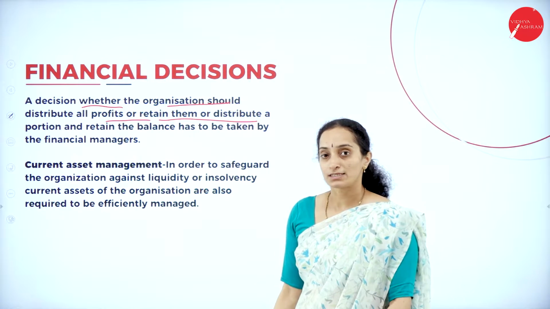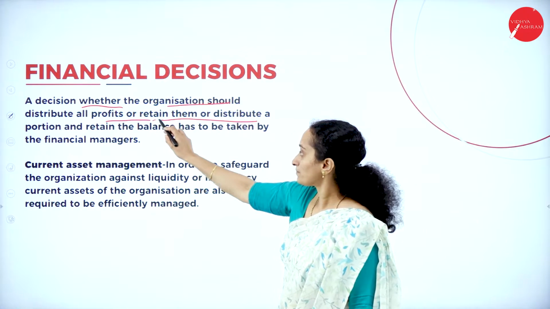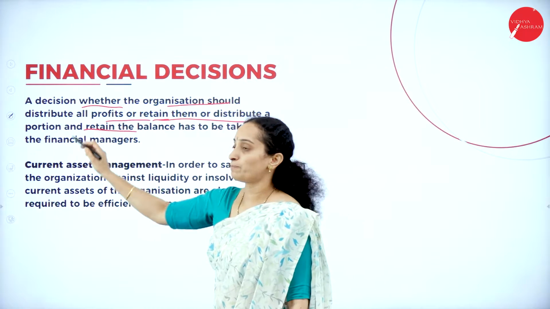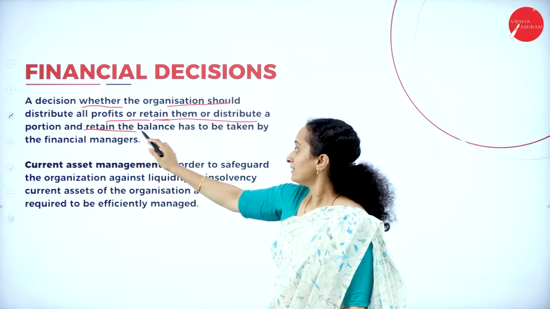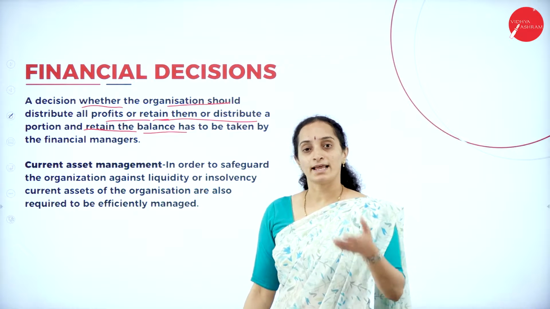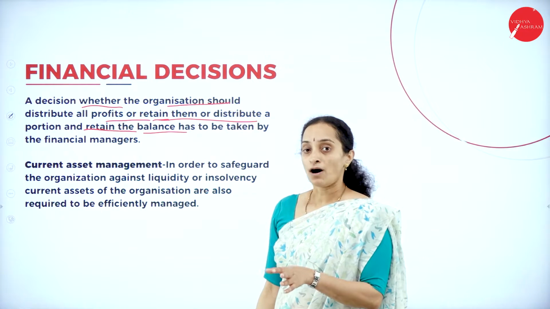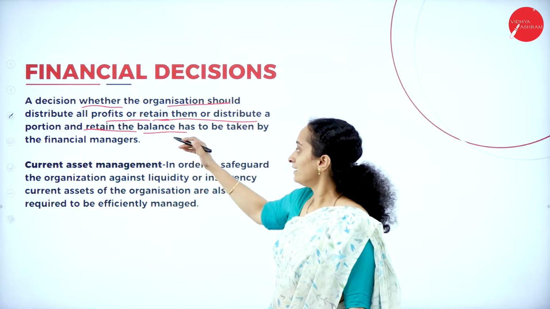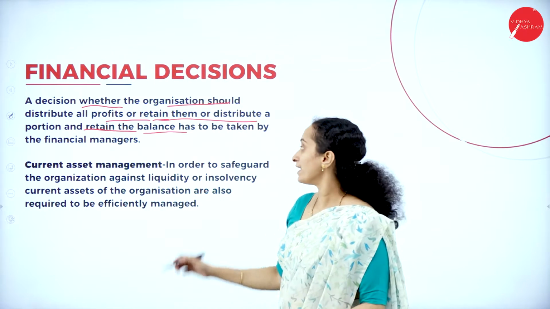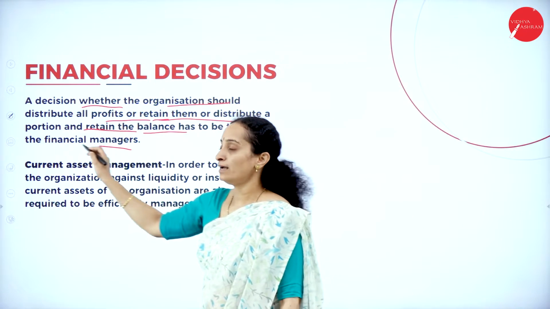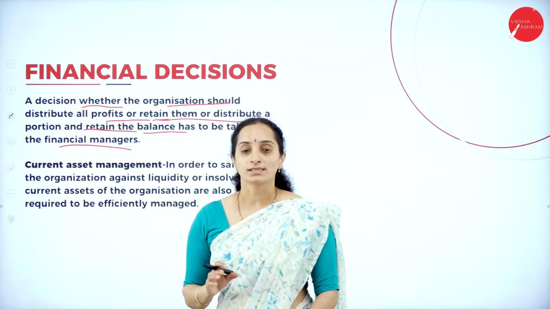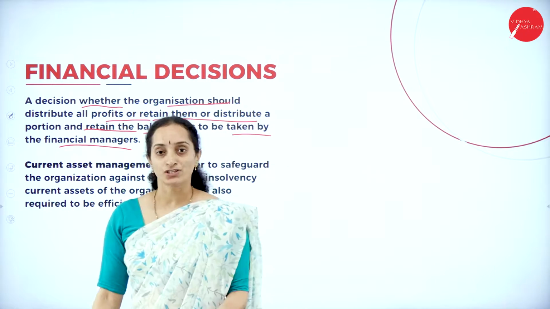What profits are received must be kept with us, or distribute a portion and retain the balance, retain everything, or distribute some part of the profit and keep the balance, has to be decided by the financial managers only. So they have to decide how much has to be contributed to the shareholders.